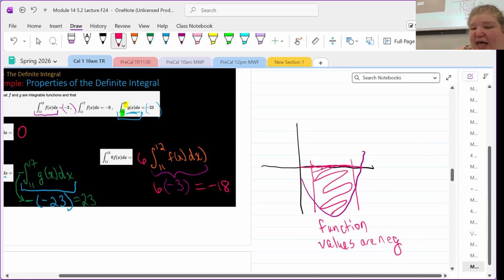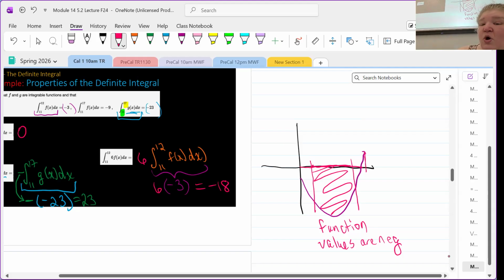Now, if I was actually going to map this as some weird rug that I made in a funky shape, then the absolute value of it, that would be the area of the rug, because I could flip the entire function by multiplying by a negative 1, and that would turn the entire area positive. This does mean, though, sometimes when you're looking at an area and part of the graph is above the axis and part of the graph is below the axis, you'll actually get some cancellation of areas.